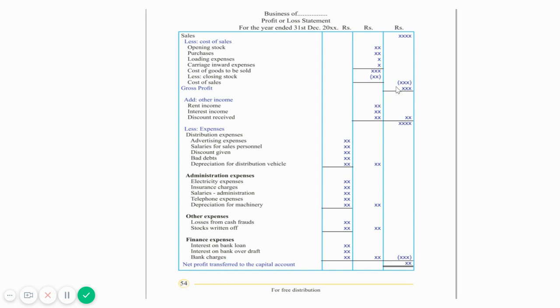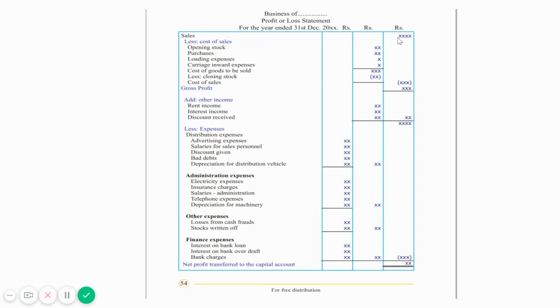So the difference between the sales and the cost of sales will give you the gross profit of the business. Actually, what do you mean by that?